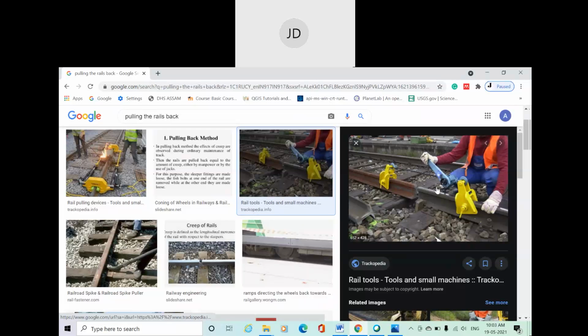Now here you can see what a person is doing. He's pulling back the rail with a particular machine or apparatus. Connecting this apparatus to the rail and loosening all the fasteners on the particular rail which you are going to move.